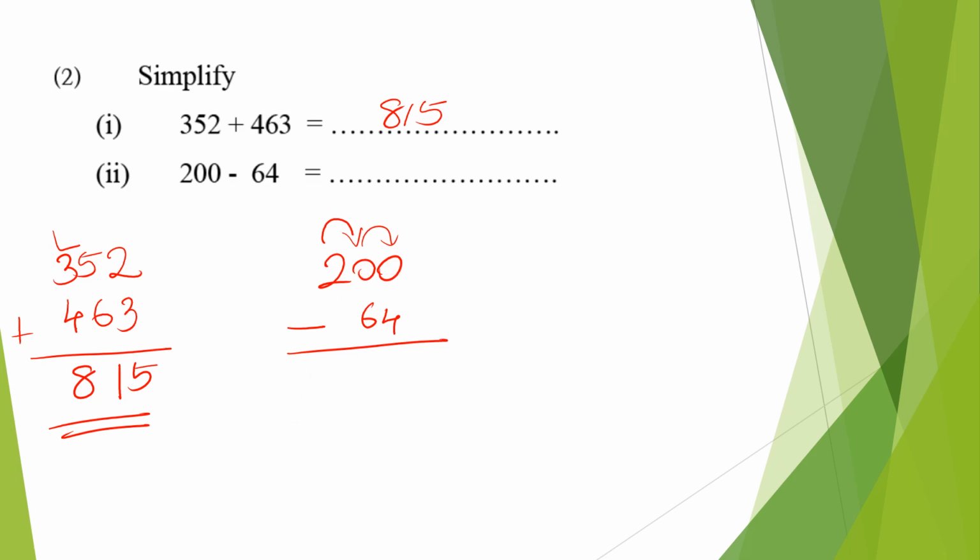So at the end here, you have 10. That means 10 minus 4 is 6, and you have 9 here. 9 minus 6 is 3, and this is 1, only 1 here. 1 minus 0 is 1, 136. So you can write the answer 136 here. So it's pretty simple.